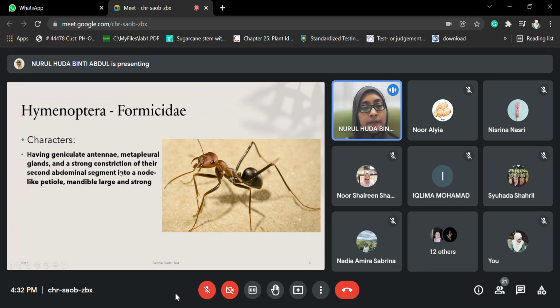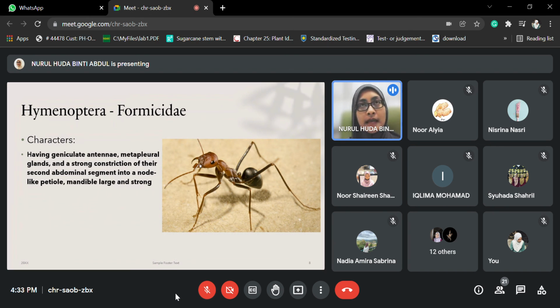Okay, and then they have strong constriction on their second abdominal segment into a knot-like petiole. And then they have large and very strong mandibles. As you can see here, because this guy's habit is actually predator. So of course those that act as predators usually have very strong mandibles.